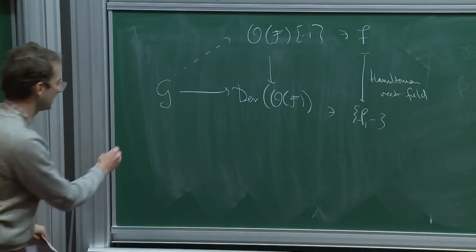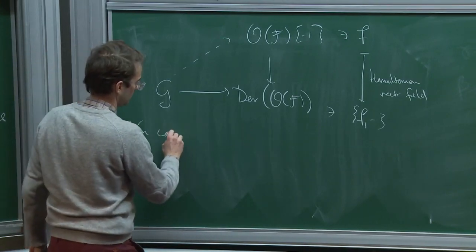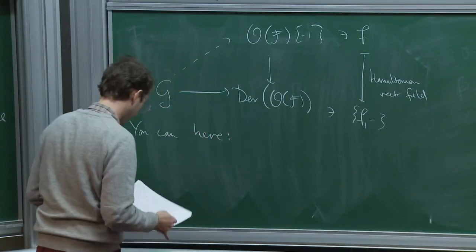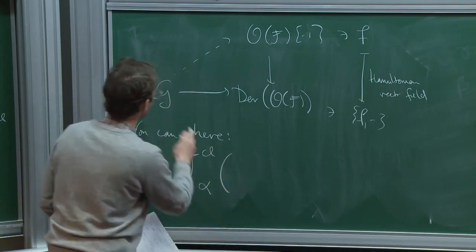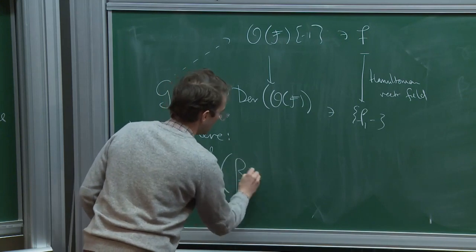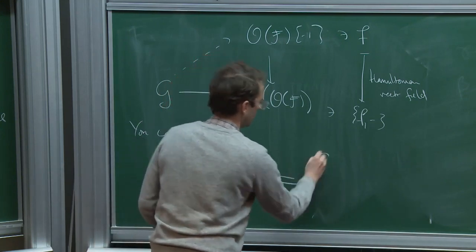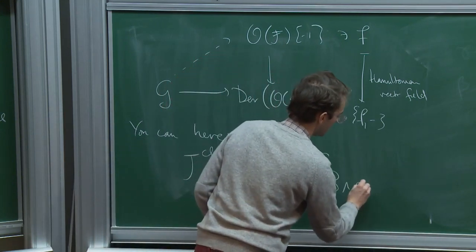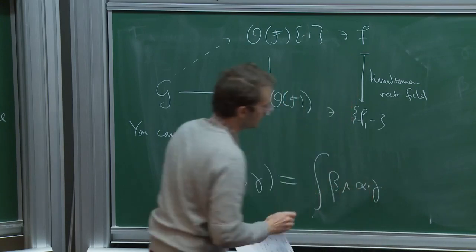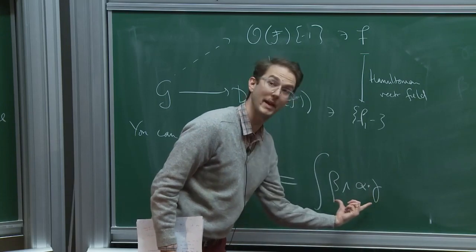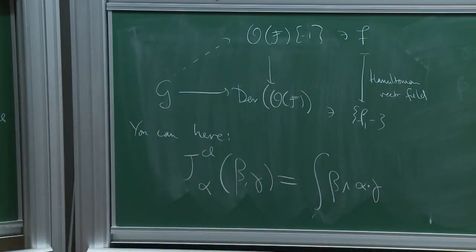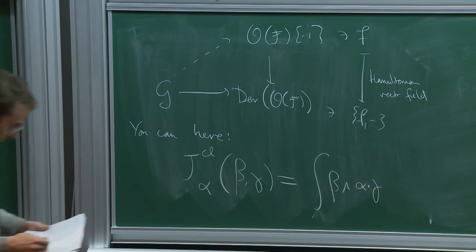And the answer is you can. And the map is very simple. So the observable for some element alpha here on beta gamma is going to be the integral of beta. You just let alpha act on a field, and then you pair it with beta like you did before. And that's an observable.